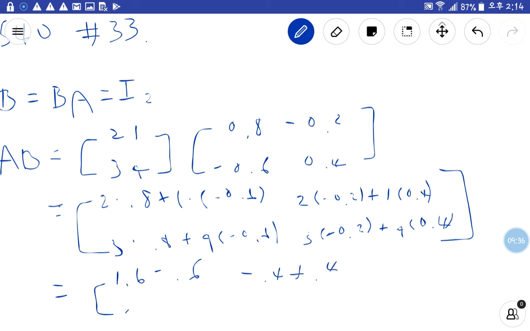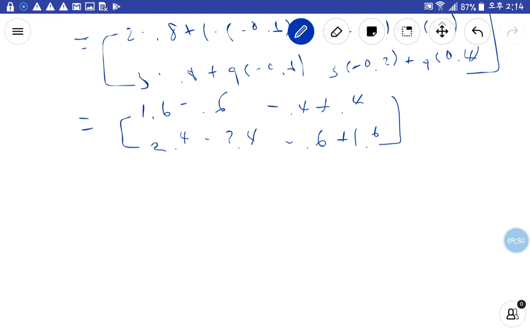Then 2.4 minus 2.4, negative 0.6 plus 1.6. All right, and I have 1, 0, 0, 1. All right, there you go. So that is the identity matrix.